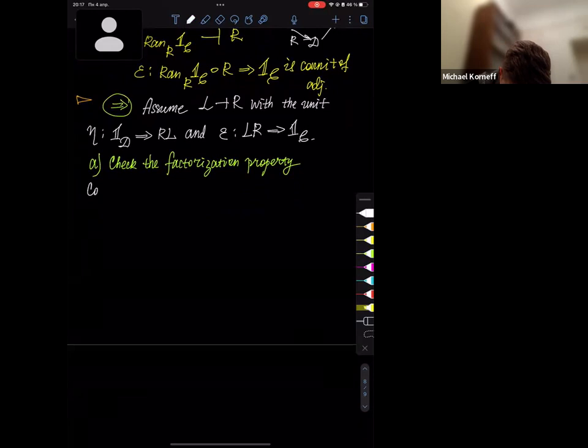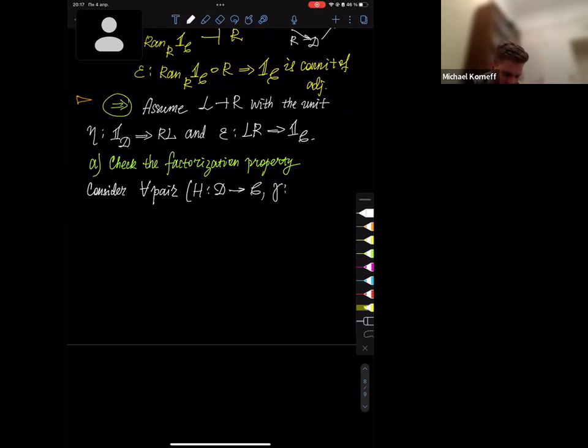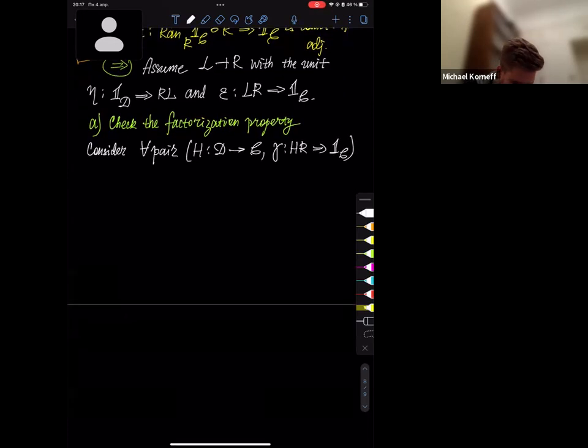Consider an arbitrary pair consisting of the functor d from D to C and a natural transformation. I'll draw the diagram. Have a diagram like this.